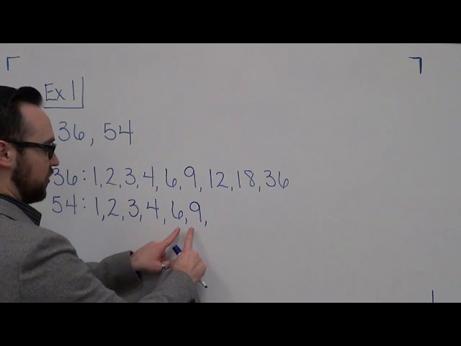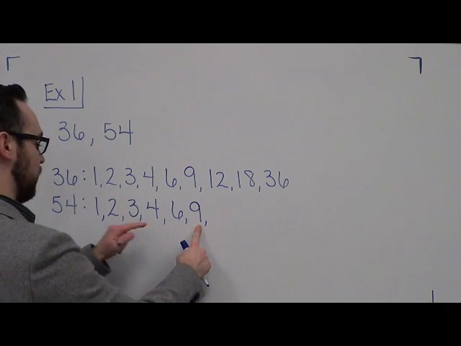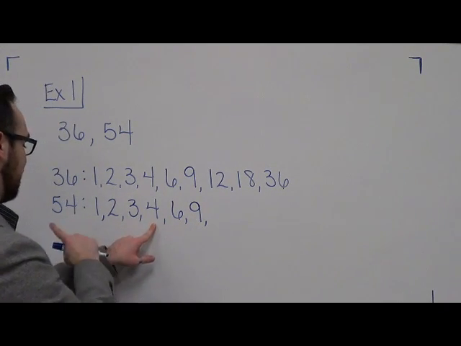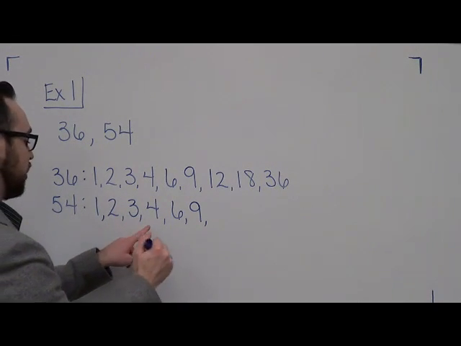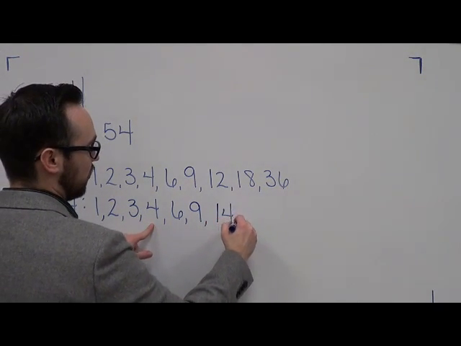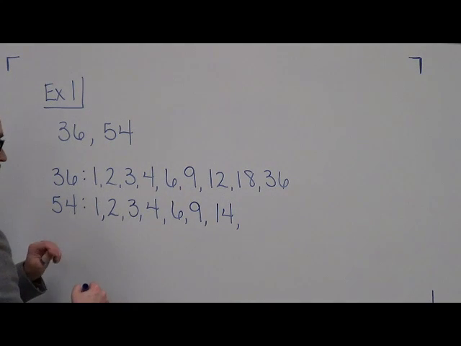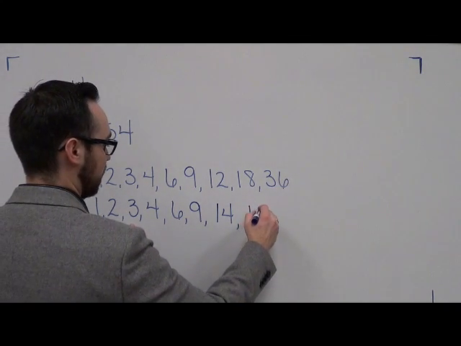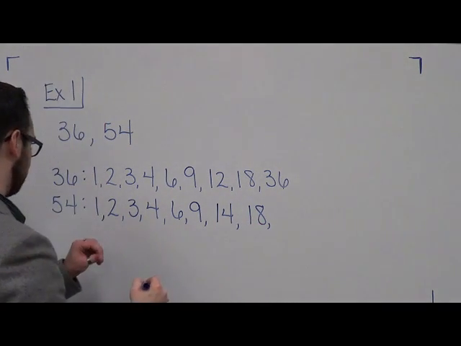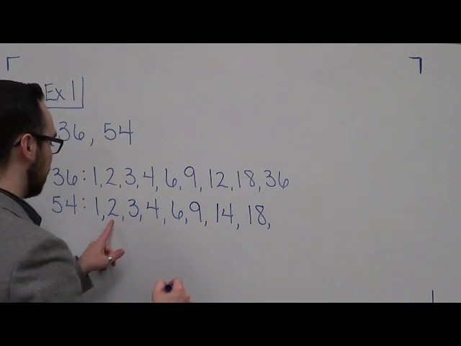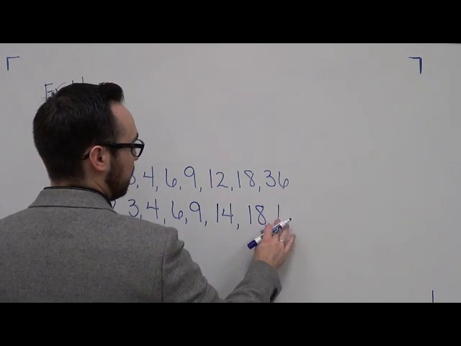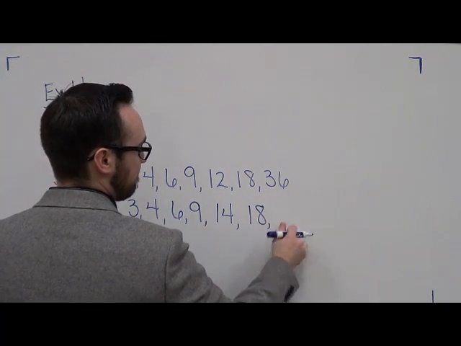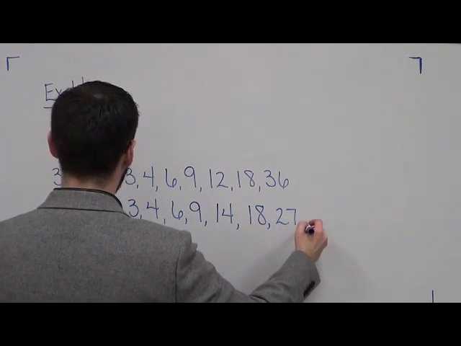Now we're on that backward slope. 6 times 9 is 54. So 3 times what gives us 54? That's going to be 18. 2 times what? That's going to be 27. And then 54.